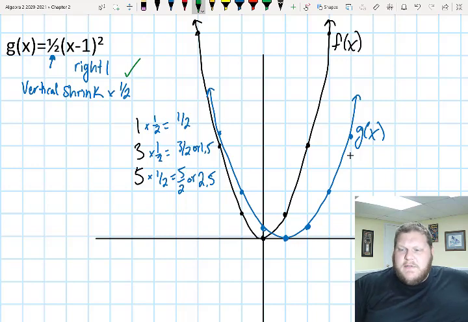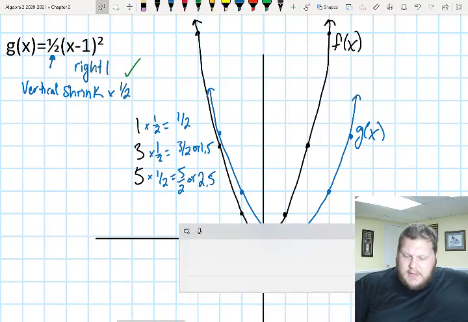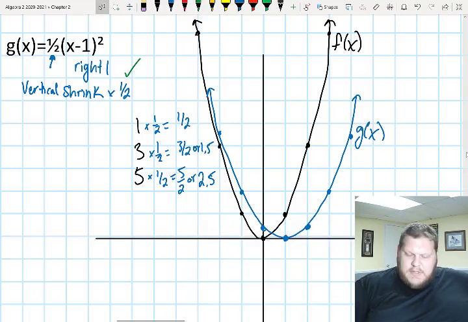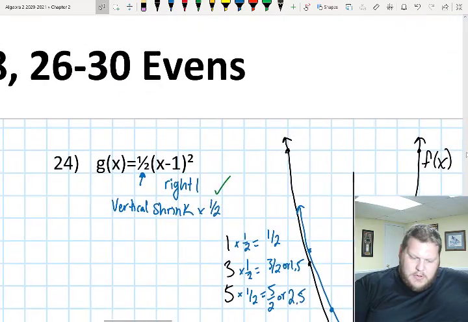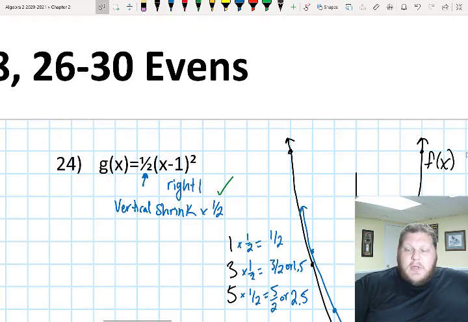The only thing that's a little bit different is on 28. On 28 and 30, they're asking you to describe the transformation, which again, is all just from the equation, and then just identify where the vertex happens.